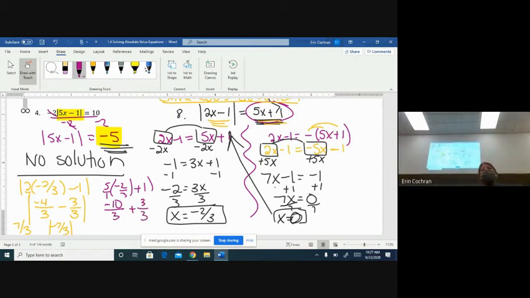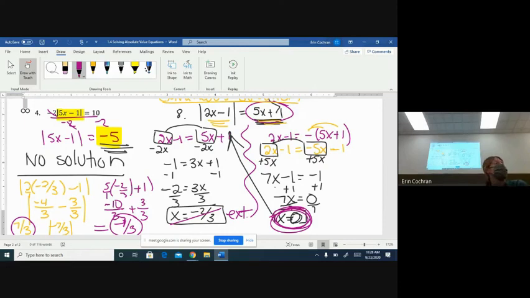So what's negative 10 plus 3? Negative 7 over 3. Is 7 over 3 equal to a negative 7 over 3? No. So is negative 2/3 an actual solution? No. So this here is known as an extraneous solution. Okay? This is actually my true solution is 0.